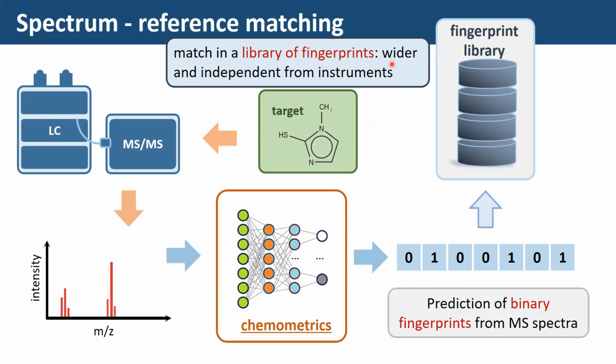For example, in PubChem, you have millions of compounds which are associated to fingerprints. So then you can match the fingerprints predicted from the mass spectra to these huge databases in order to enhance the annotation, so the matching and the search for the compound which is associated to the mass spectra.